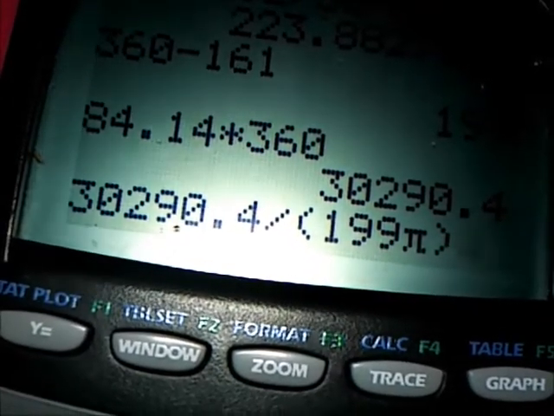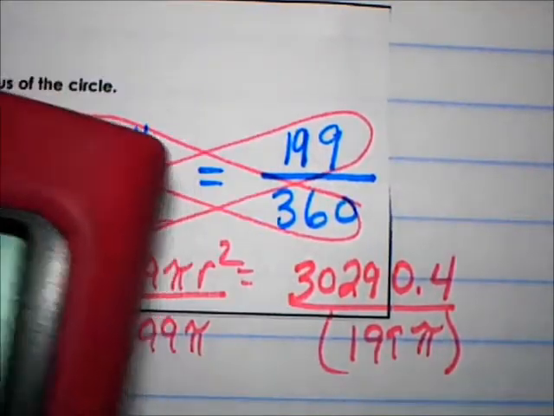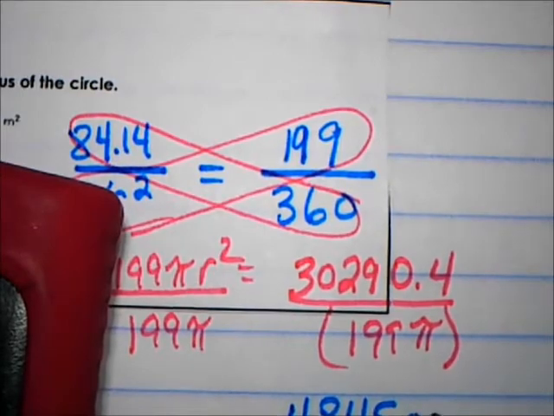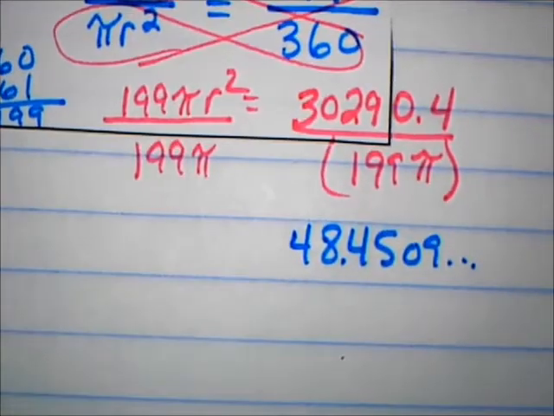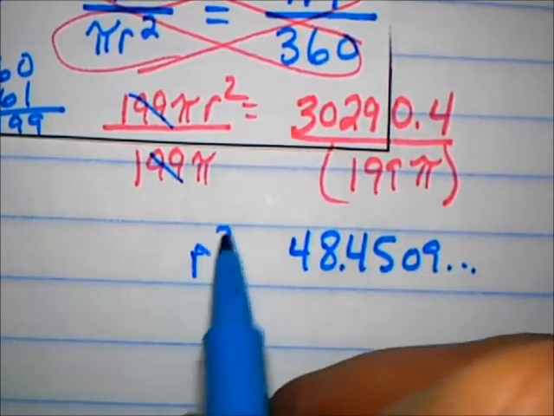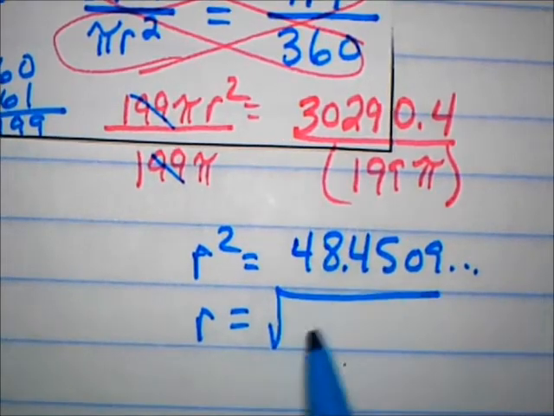Now if you make it a stacked fraction, you don't have to worry about parentheses. So this gives me roughly 48.4509, on and on. I'm going to leave that in my calculator. Because that's gone, that means I have r squared equals this. To get rid of the square, I have to take the square root of that number.